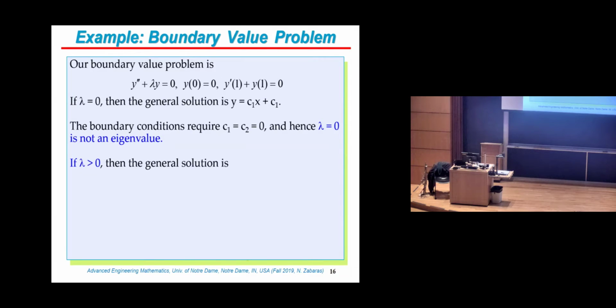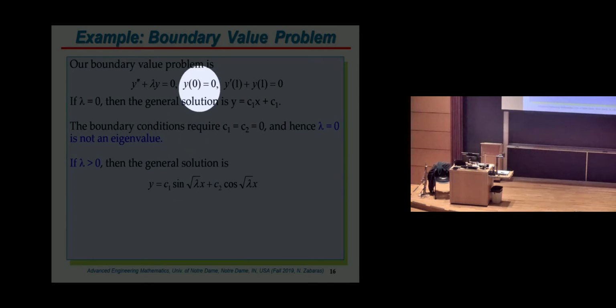So we're going to take lambda to be positive. You agree that the solution is sine of square root of lambda x and cosine of square root of lambda x, right? Apply the boundary conditions and tell me, what does y of 0 equal to 0 mean here? If you put x equal to 0, the sine will drop.